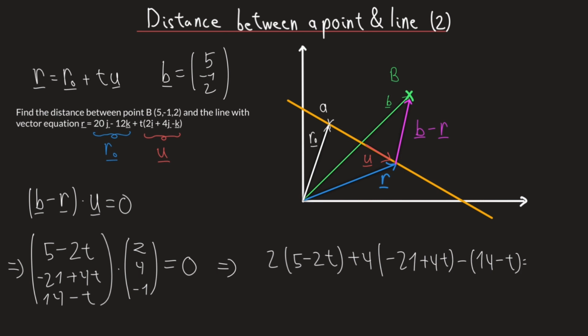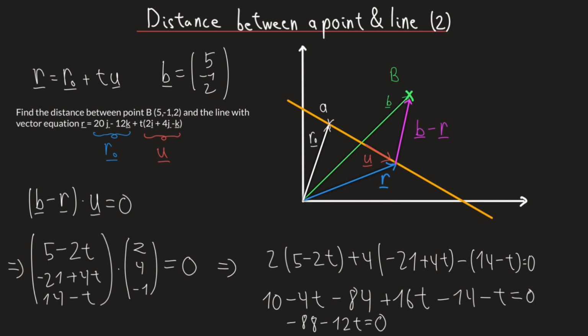All this is equal to 0. And so I've simplified the expression over here, and what we ultimately get is -88 minus 12t is equal to 0, which means that t has to be equal to -4.